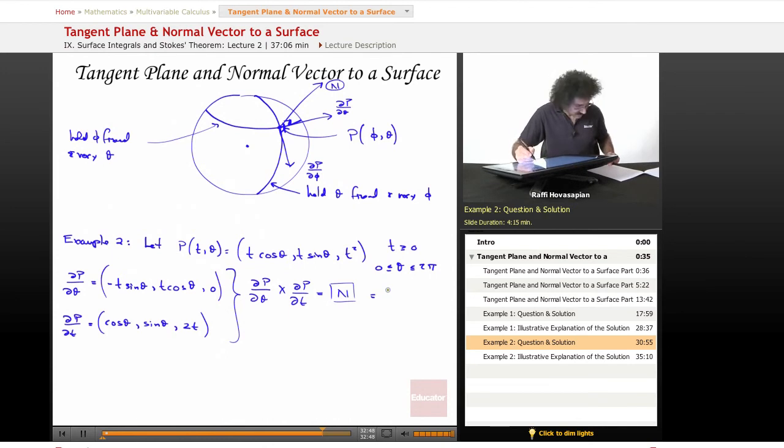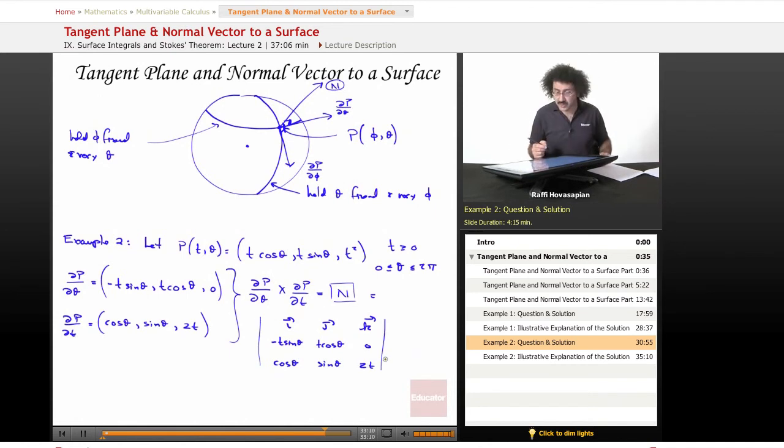Well, that's going to equal i, j, k, my symbolic representation, then minus t sine theta, t cosine theta, 0, and cosine theta, sine theta, 2t. I take the symbolic determinant of that, expanded along the first row. So now I'm going to move to the next page. When I do that, I'll let you confirm what I end up getting.